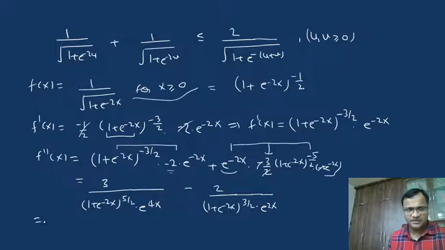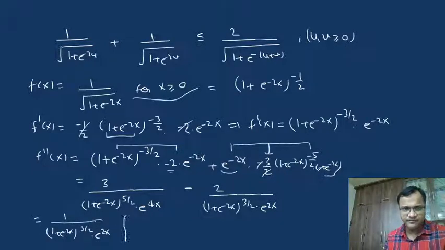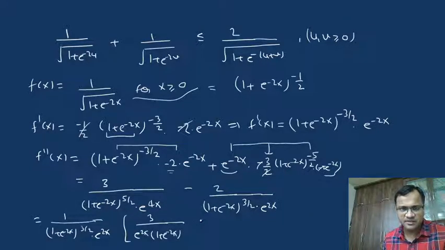Okay, if we take common 1 upon (1 plus e raised to the power minus 2x) raised to the power 3 by 2 into e raised to the power 2x, then in the bracket there is 3 in the numerator and in the denominator e to the power 2x into (1 plus e raised to the power minus 2x), minus 2, I think, yeah.